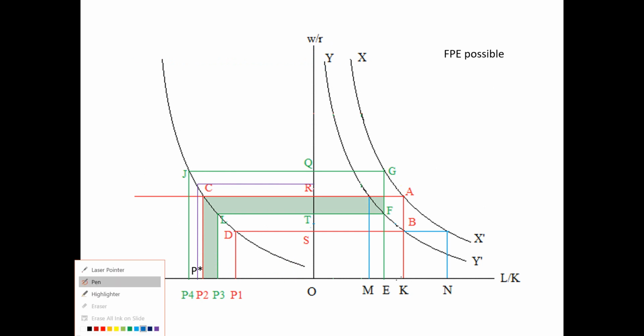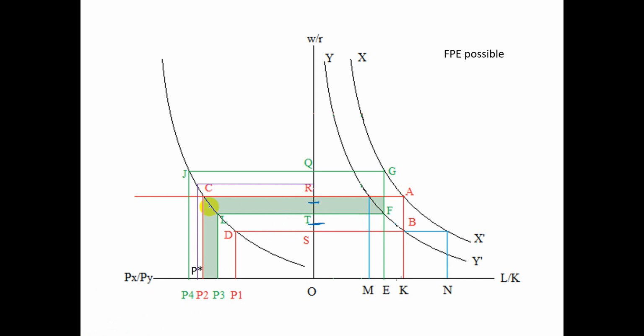But just as we considered earlier, suppose for the second country, country B, wage rental ratio is higher, and suppose this is lower, and for country A, suppose this is the wage rental ratio.